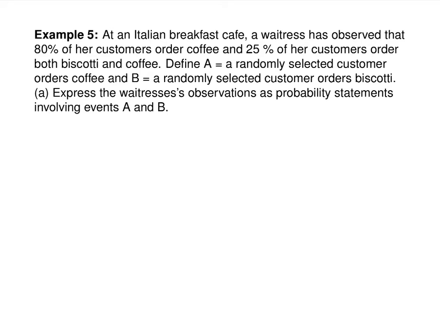Express the waitress's observations as probability statements involving the events A and B. Okay, so first you have that 80% of the customers order coffee. So is that P of A, P of B, P of A and B? Which one? P of A. Probability of ordering coffee is 0.8.